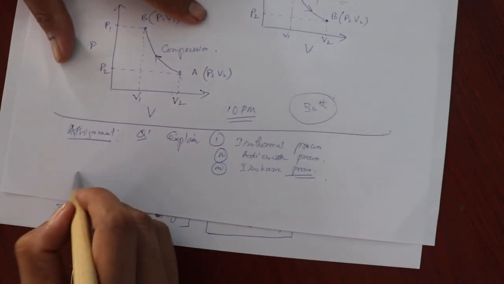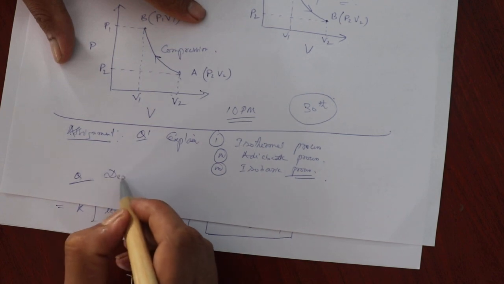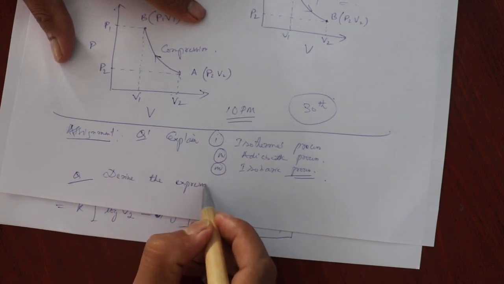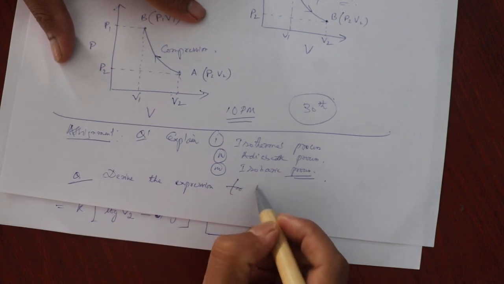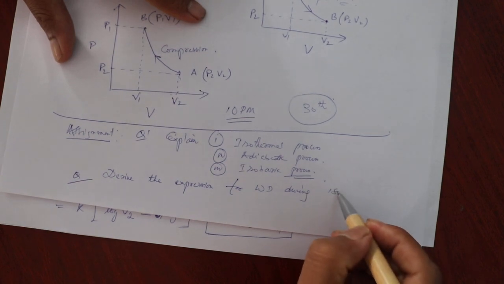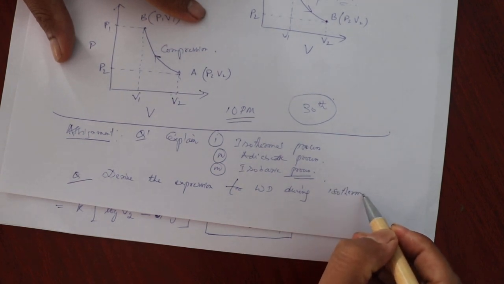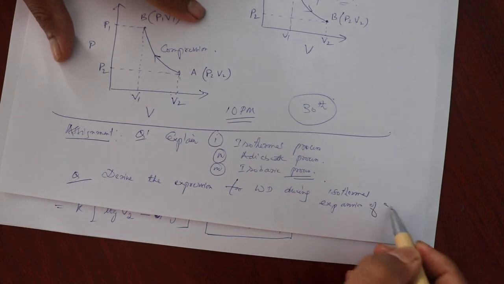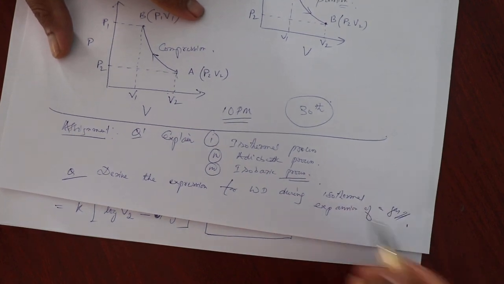Explain these 3. And derive the expression for work done during isothermal expansion of a gas.